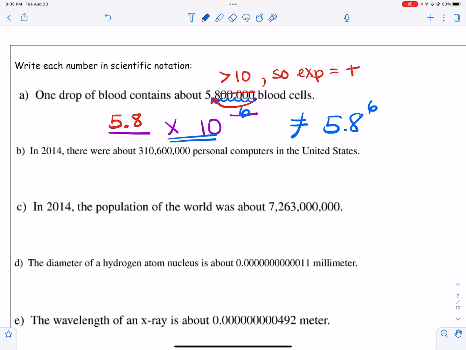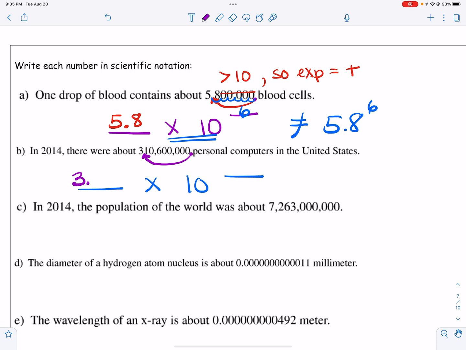All right, so the next one, we've got blank times 10 to the blank. Again, this is a very large number. It is greater than 10, so your exponent is going to be positive. If you don't see the decimal point, it's at the end, and you want to move it so you have one number that's not a 0 in front of the decimal point. So you're going to move it all the way to between the 3 and the 1.